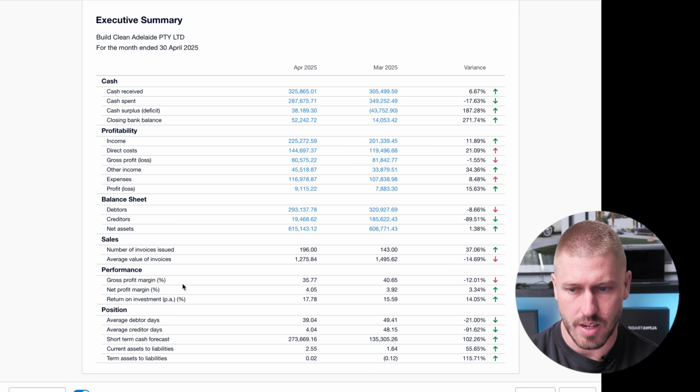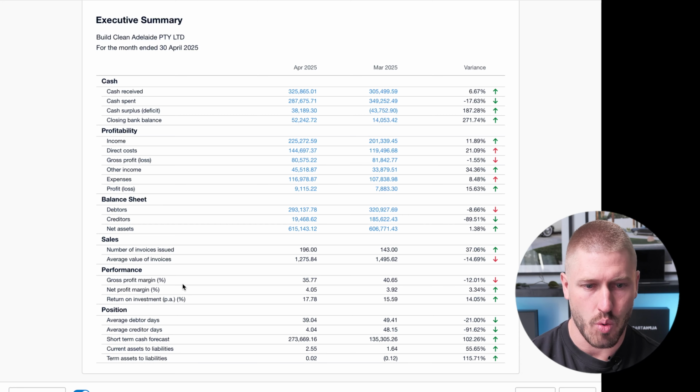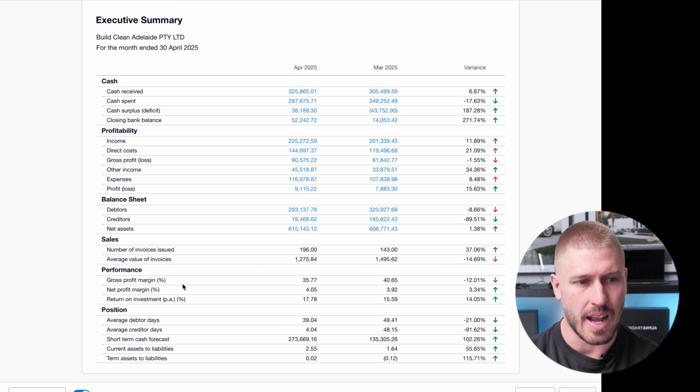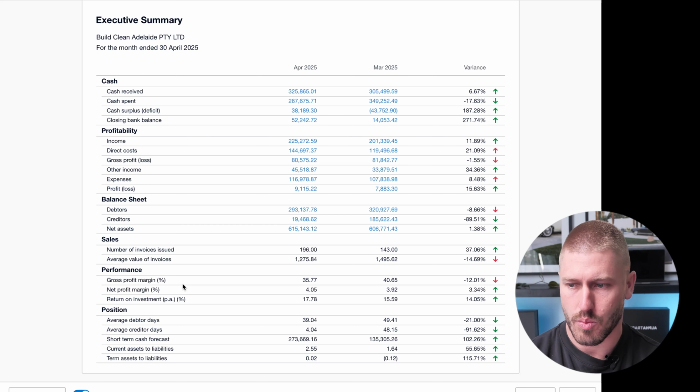And that would be causing the low net profit margin, because gross profit margin at 40 and 35% are relatively close to where they need to be. And that March marker at 40% is where it does need to be, which leads us to say that the team are working efficiently on site and the quotes are lining up well. It's just that we have a large amount of operating expenses, which means that the net profit is really low for that period.